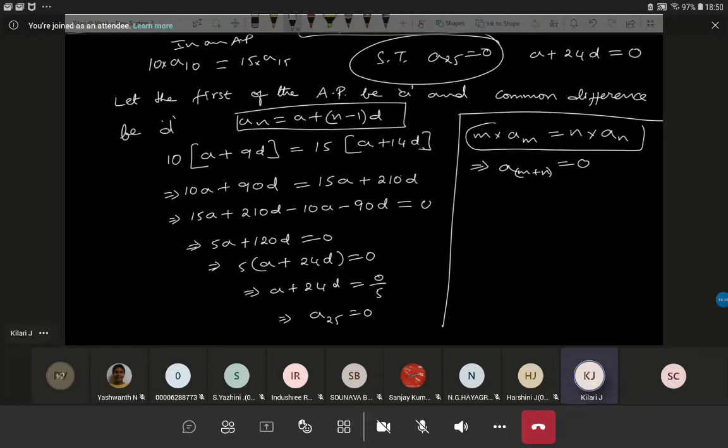If the above is the condition, then definitely the result will be like this: the (m plus n)th term is 0. They may ask questions on the generalized form also.